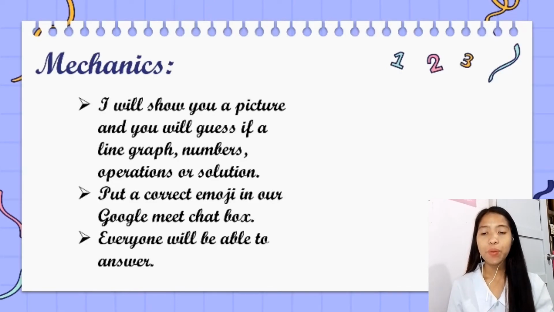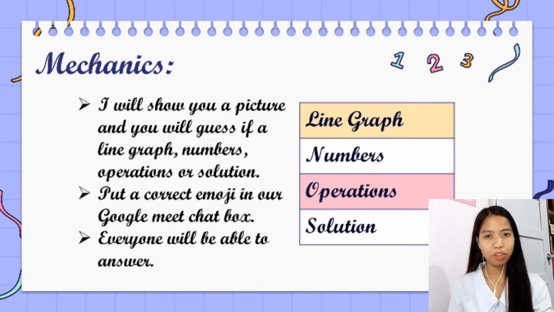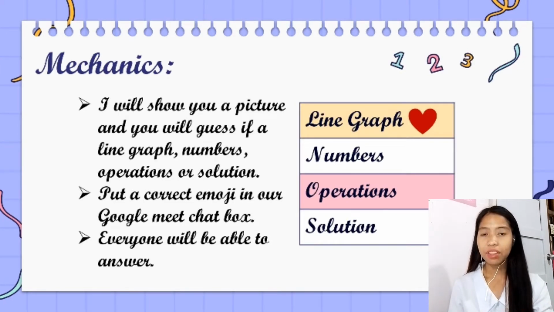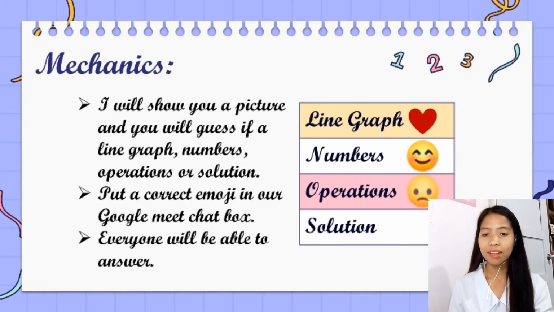Next, everyone will be able to answer. If you see a picture of a line graph, put a heart emoji. If you see a picture of numbers, put a happy emoji. If you see a picture of operations, put a sad emoji. And last, if you see a picture of a solution, put a cry emoji. Did you understand, class? Okay, let's start.